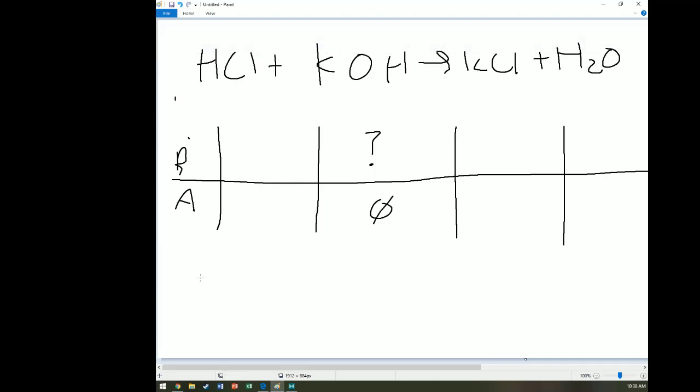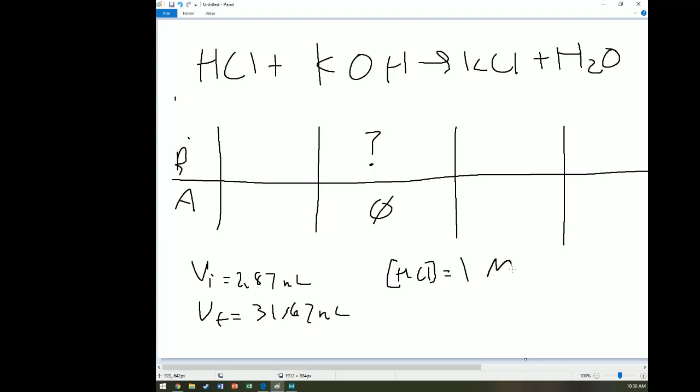VI is 2.87 milliliters, and VF equals 31.67 milliliters, and we know that the concentration of HCl was about 1 molar. Using these three things, we can calculate how much HCl was in there. If we had an initial volume and a final volume, what's the difference in volume is more or less what we should be asking ourselves.